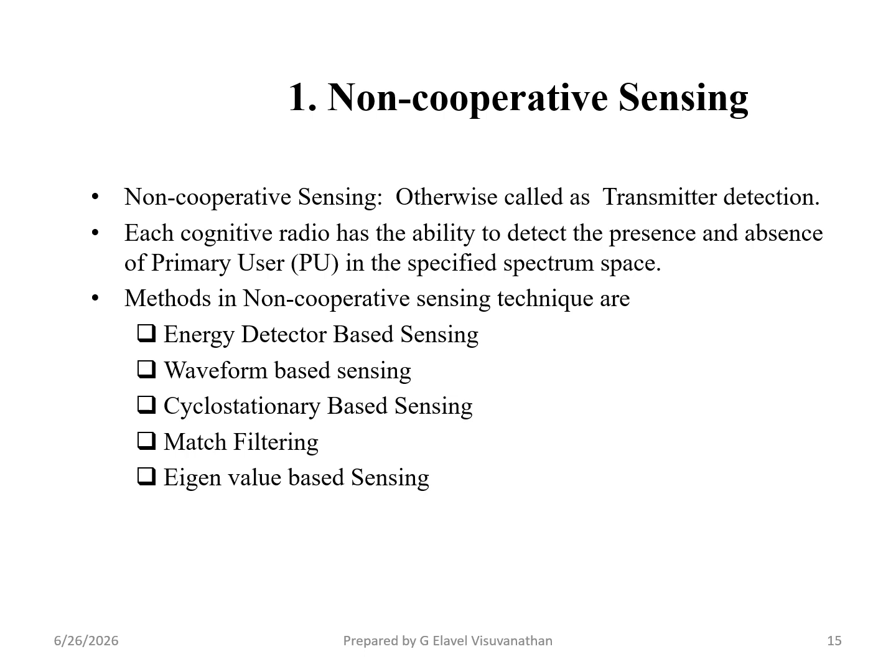The non-cooperative sensing techniques include energy detector based sensing, waveform based sensing, cyclostationary based sensing, matched filter sensing, and eigenvalue based sensing. These we have already discussed previously.